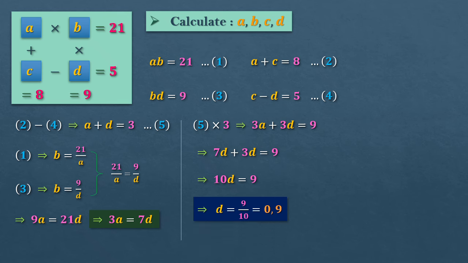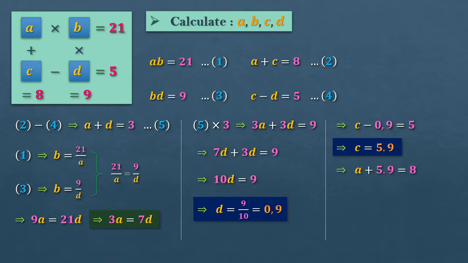We substitute this value of D into equation 4 to get C minus 0.9 equals 5, which implies C equals 5.9. Next, substituting this value of C into equation 2 gives A plus 5.9 equals 8, which implies that A equals 2.1.